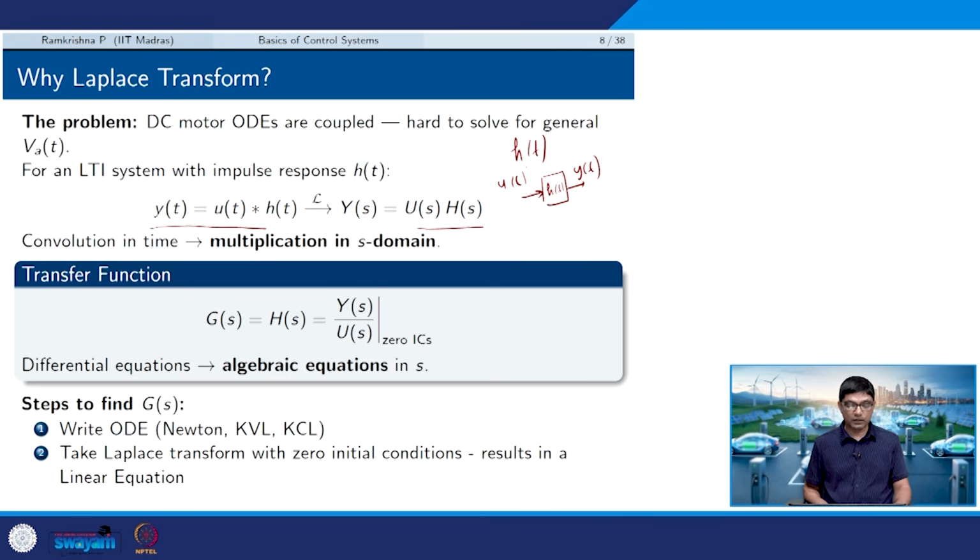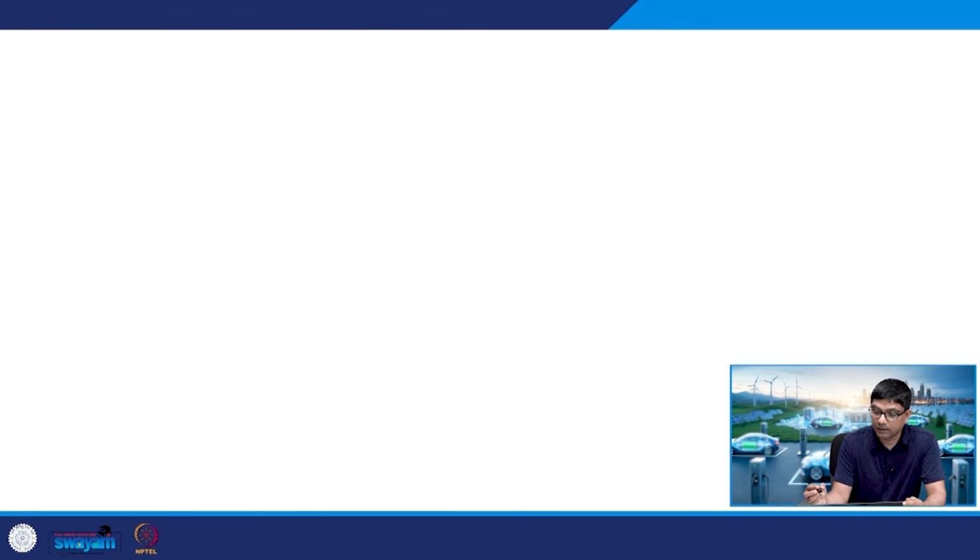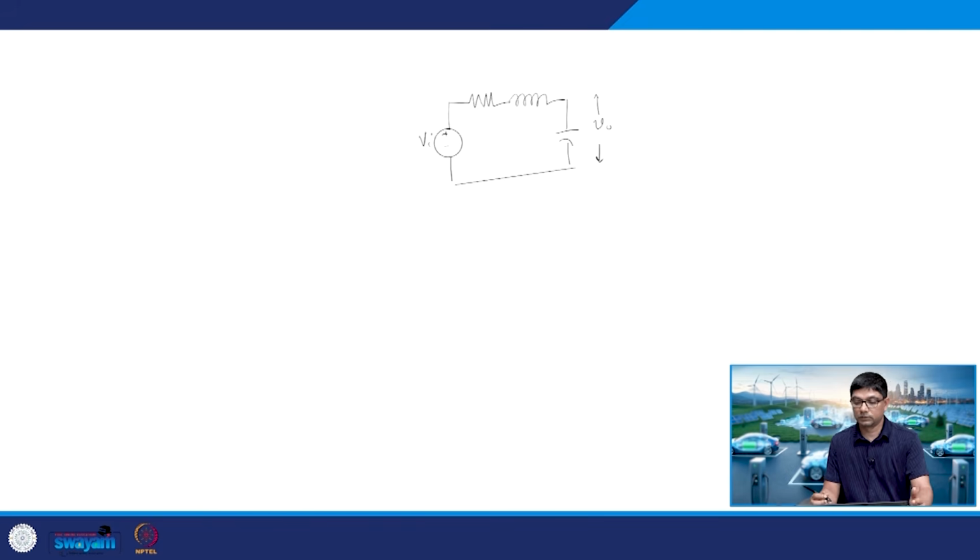Okay, so first is, given a system, how do we find the transfer function? We write down the ODE, we take Laplace transforms, and then we will see how it results in a linear equation. As an example, let me take a circuit where I have an input voltage, an R, an L, and a C, and the output I am measuring is the voltage across the capacitor.